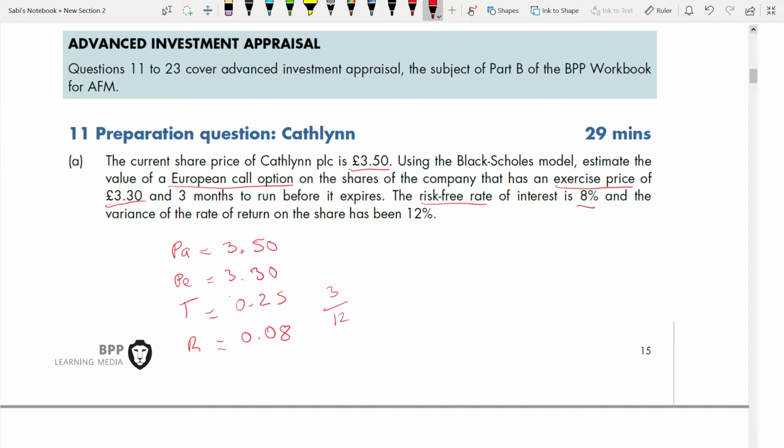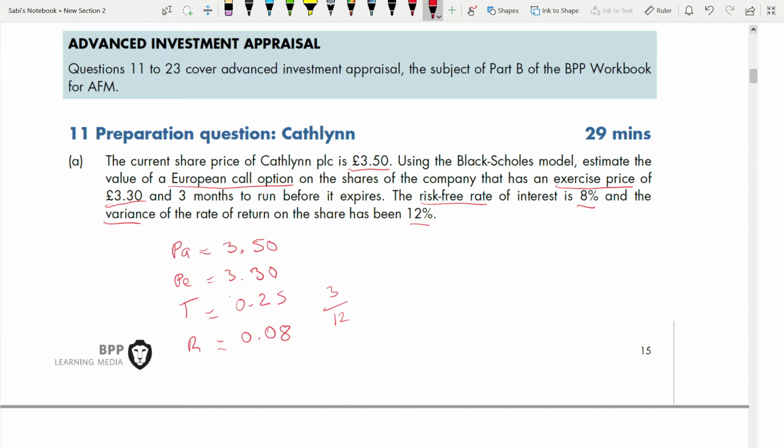And the variance of the rate of return on the shares has been 12%. Now be very careful, they have given variance. Can we use variance in the formula? We cannot use variance in the formula. The formula says clearly standard deviation. So whenever you're given variance, you need to first convert it to standard deviation. How?